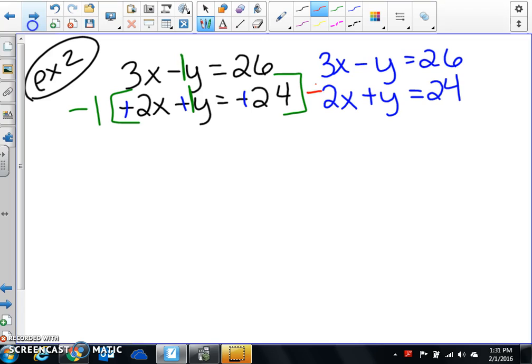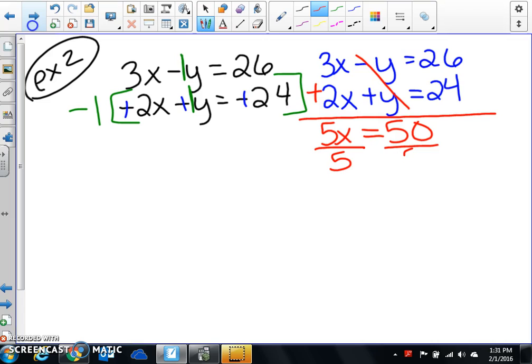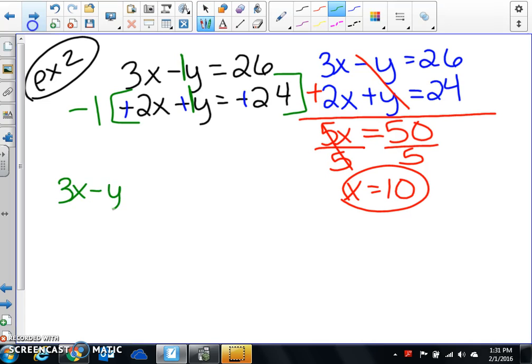Now I add my systems together. 3 plus 2 is 5x. Negative y plus y, those cancel. And then 26 plus 24 is 50. Divide both sides by 5. X equals 10. I take my top equation, which is 3x minus y equals 26, and I plug in x is equal to 10.